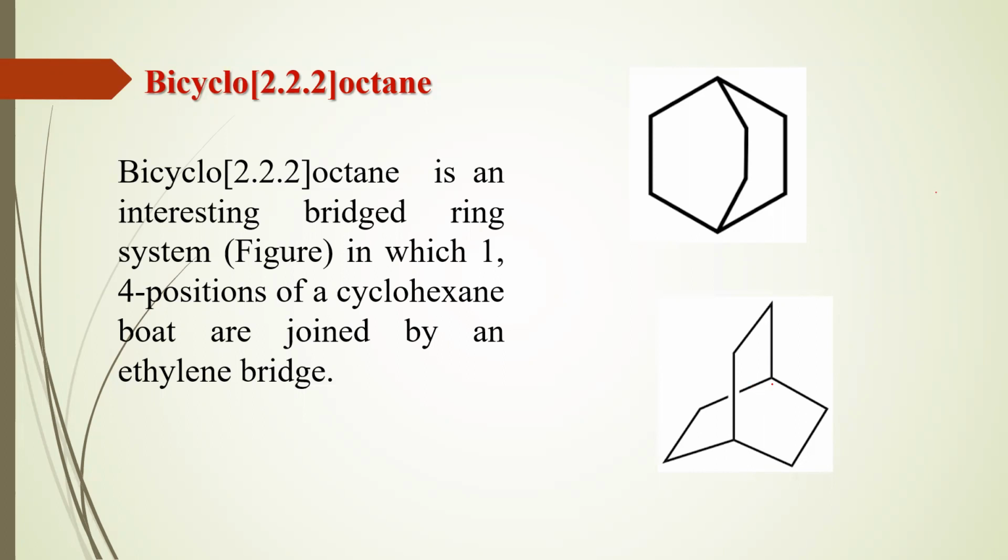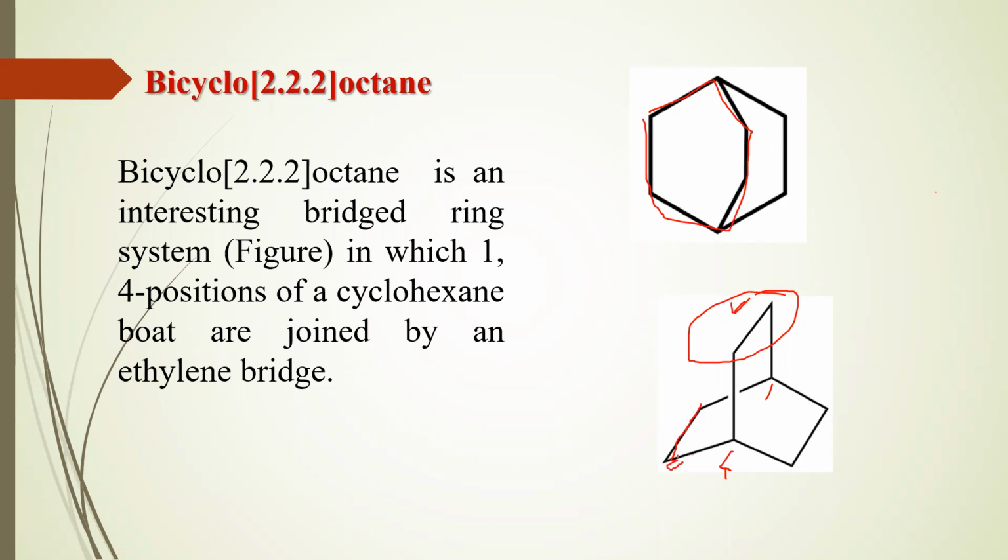The numbering is such that 1 and 4 are joined via an ethylene bridge. Here, a CH2CH2 group is the bridge in the formation of the octane. And this form has both conformations of the cyclohexane, represented as a formation of both.